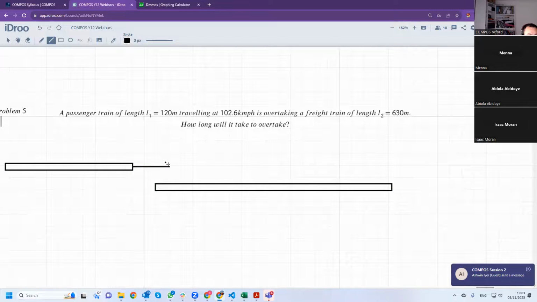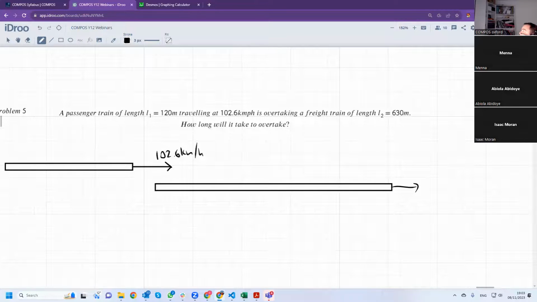It's moving with a velocity of 102.6 kilometers per hour, and the freight train is moving at a speed of 48.6 kilometers per hour.